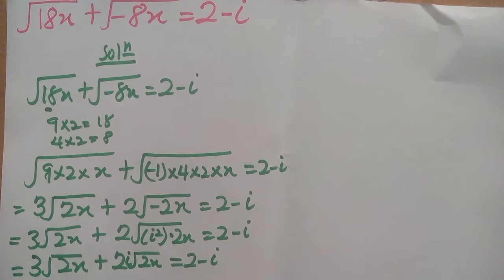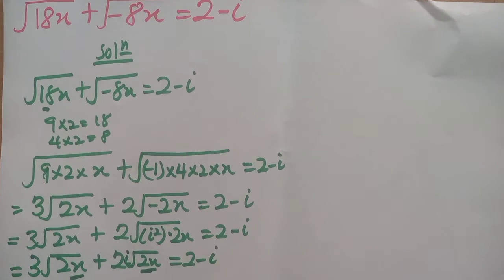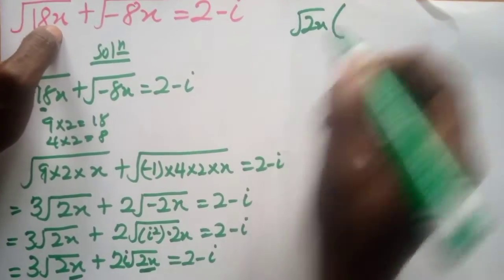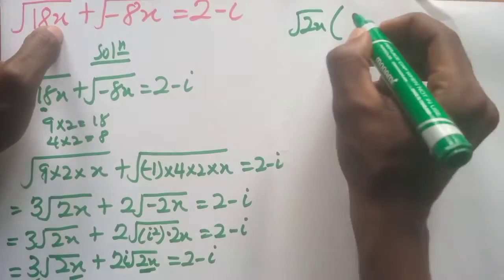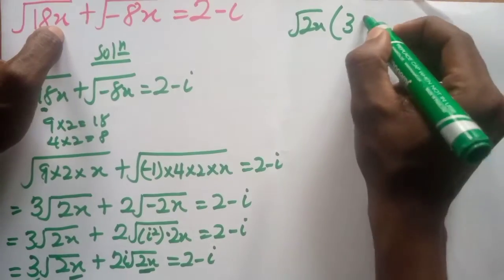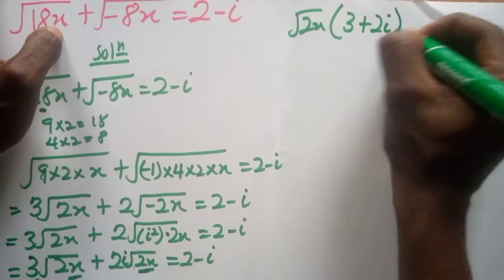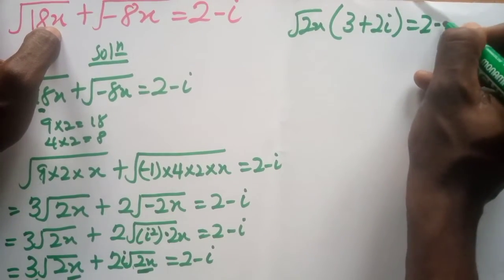Now what can we do next? Since we have the root of 2x here and the root of 2x here, why don't we factorize that out? Factorizing root 2x out, the whole equation becomes root 2x times 3 plus 2i being equal to 2 minus i.